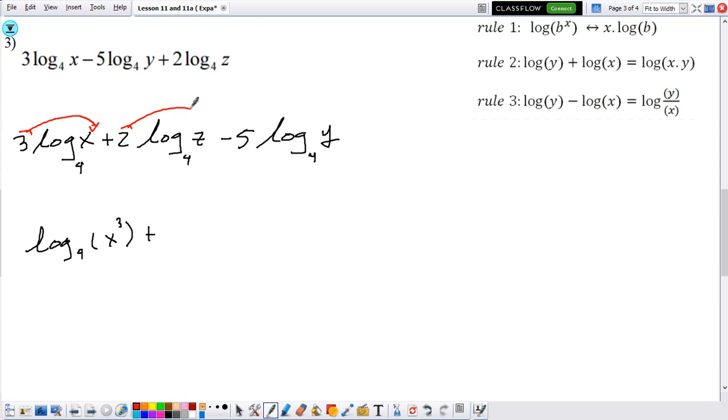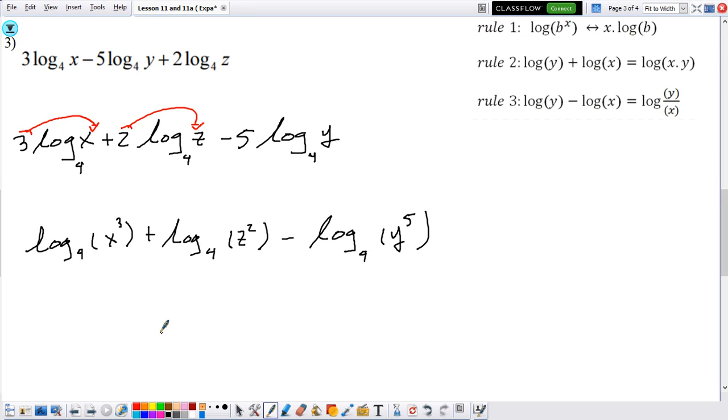So what happens? It becomes an exponent on that z. So now it becomes plus log base 4 of z to the 2, minus log base 4 of y to the fifth.